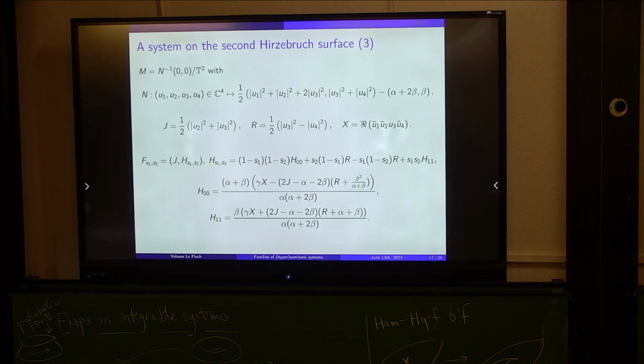And this is very ugly, I agree. Although after seeing just I agree, nothing is ugly anymore, but still it's a very ugly formula, but it's completely explicit. You have, again, the manifold explicitly, you have the Hamiltonian explicitly. The Hamiltonian is interpolating between 4 different Hamiltonians, and there are these 2 parameters, S1, S2, and the endpoint Hamiltonians are ugly, but who cares? They are explicit.